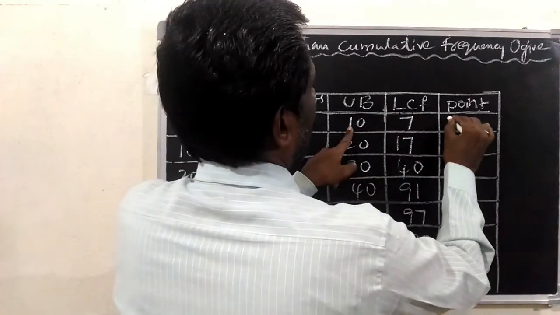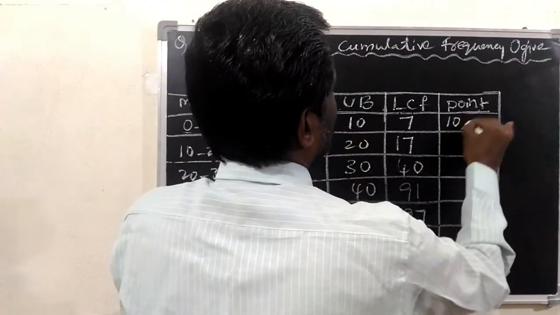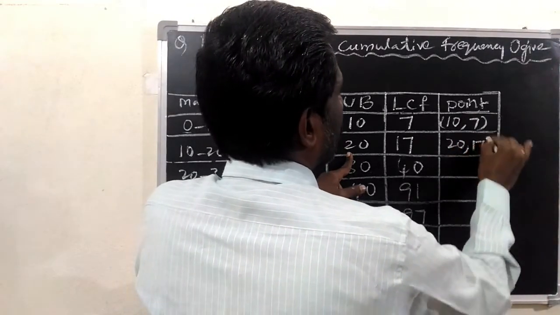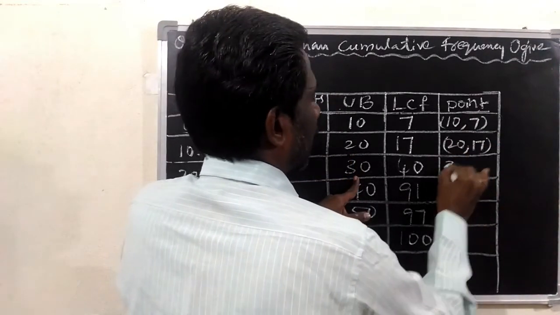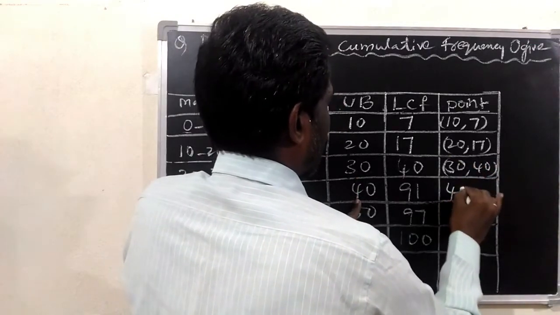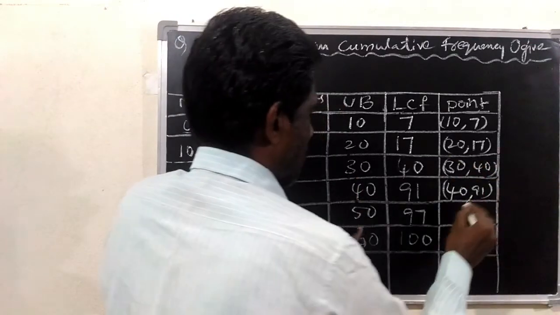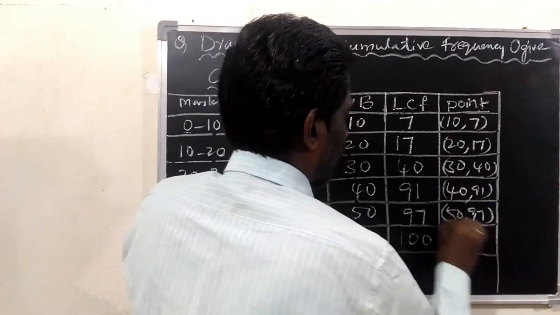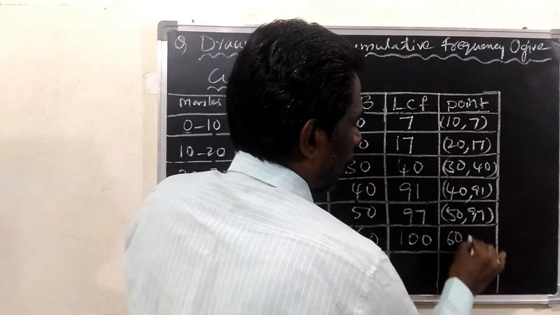And next we make the points: 10 comma 7, 20 comma 17, 30 comma 40, 40 comma 91 and 50 comma 97. Here it is 60 comma 100.